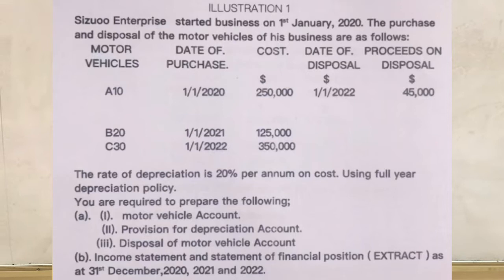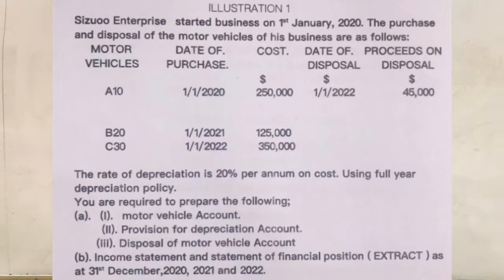Cizo Enterprise started business on 1st January 2020. The purchase and disposal of the motor vehicles of his business are as follows. You have motor vehicle, date of purchase, the cost, date of disposal, and proceeds on disposal. You have 3 different motor vehicles, that is A10, B20, and C30.